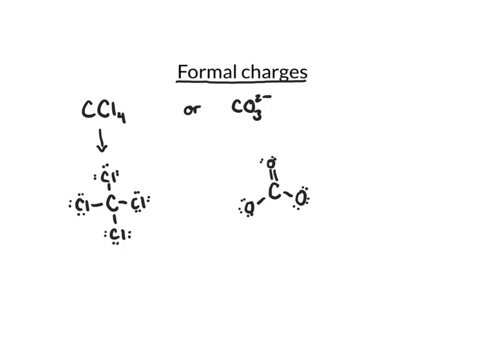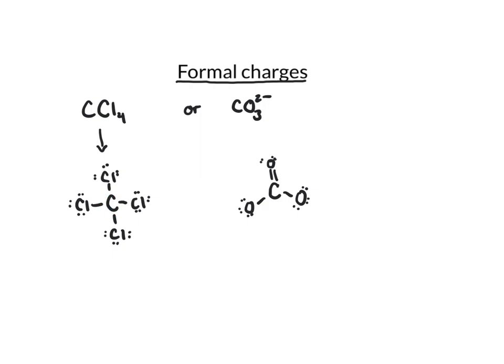But when we're counting for formal charges, we don't want to overcount electrons. We don't want to double count any electrons. So we're going to take the 2 electrons that make this bond, and give 1 to chlorine and 1 to carbon. So for each bond, we give 1 electron to one of the bonded atoms and 1 electron to the other.